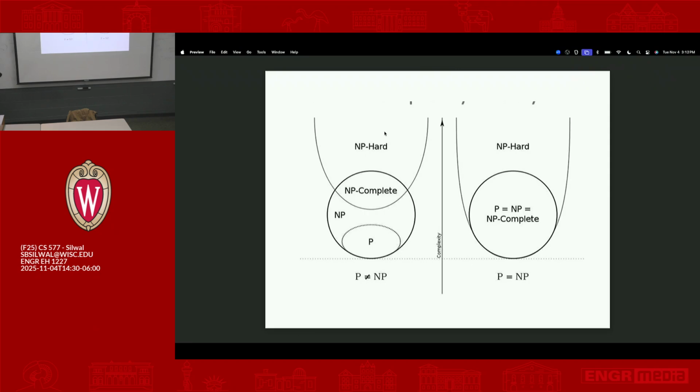And of course, there exist like super hard problems that are just outside NP also. But we're not going to so much worry about these, okay? Essentially, we're just focused on this circle, okay? And we can pretend for the class like we're in this part of the world, okay? We're going to just kind of always assume P is not equal to NP. If P equals NP, then like some weird stuff happens that we're not going to talk about, okay?